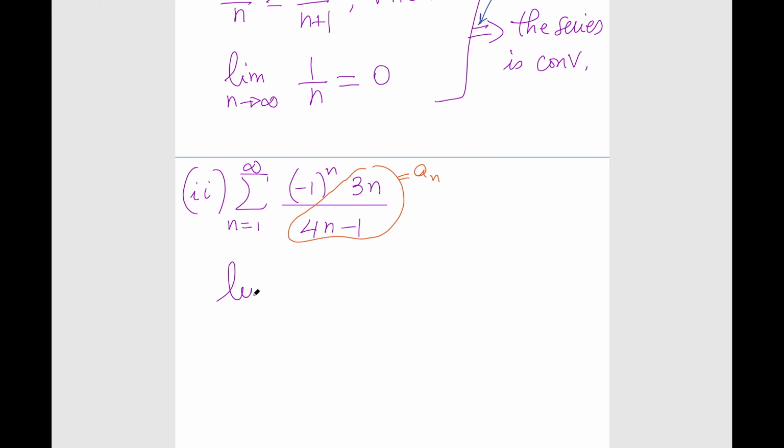What can we say about this one? The limit as n goes to infinity of an is 3/4, right? Which is not 0. Correct? So those guys go to a number which is not 0.